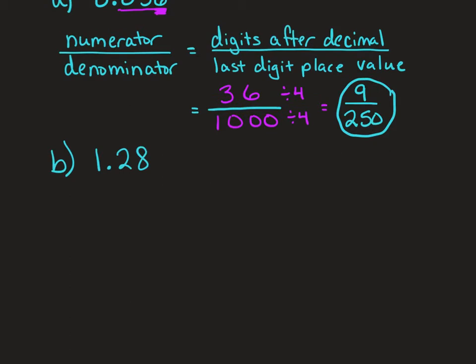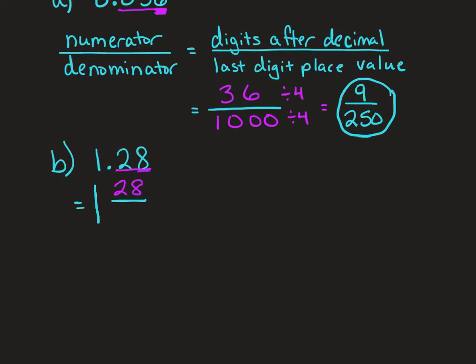Problem B, we have 1.28. We want to write it as a fraction again. This time we have a number in front of the decimal. So I'm going to write that number, that 1, in front of my fraction. So 1 and something. The digits after the decimal were 28.